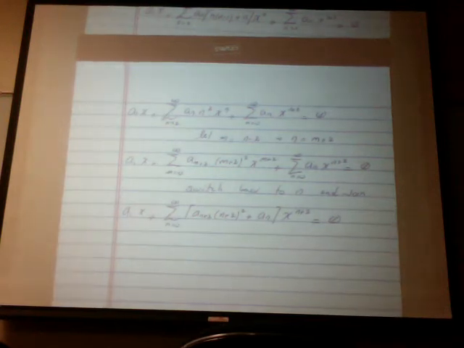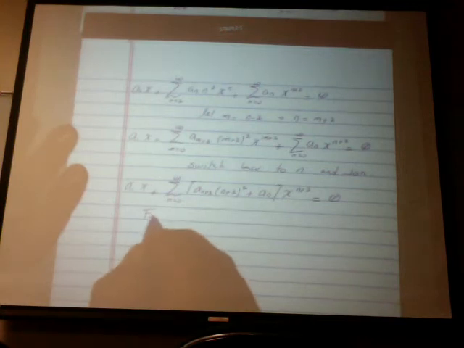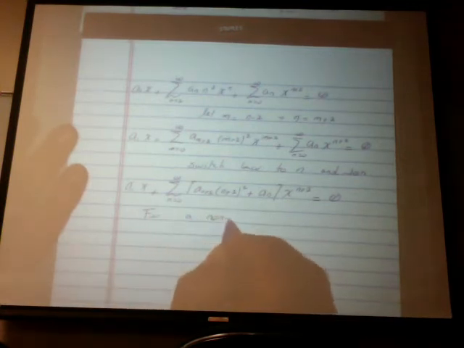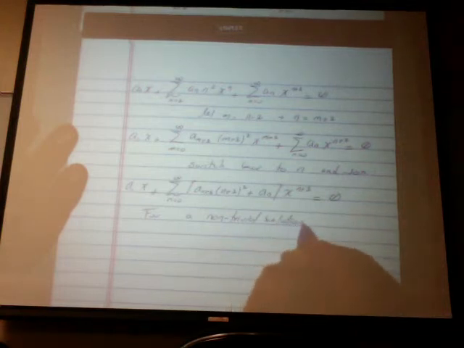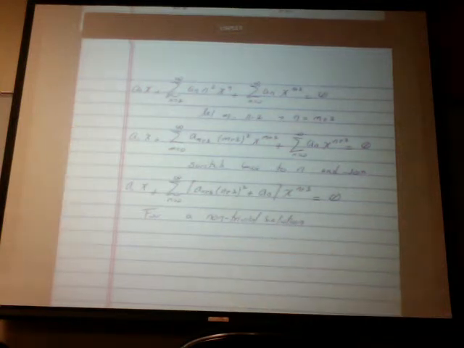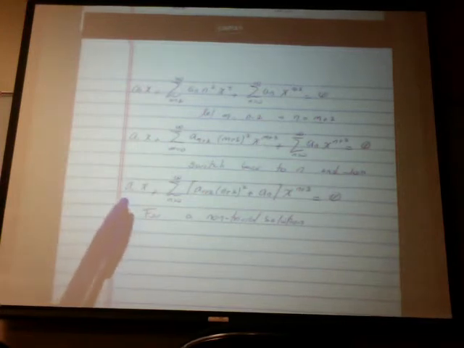And now we can make the same decision that we made before when we were using Taylor series, is that for a non-trivial solution, well, first of all, a1 needs to be 0.